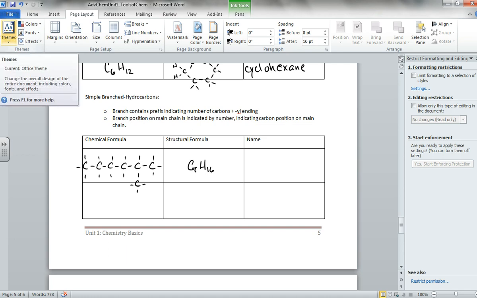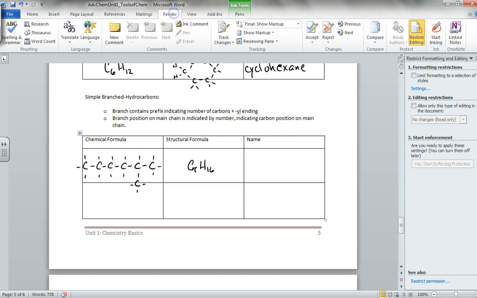Now, how do we name this? Well, what we're going to do is find the longest straight chain, not including any branches, and we just count them off, and we'll see that there's 1, 2, 3, 4, 5, 6 carbons here with a branch. It actually doesn't matter how we do this, because I could start my branch here, go 1, 2, 3, 4, 5, 6 with a branch off the side. It's the same thing.